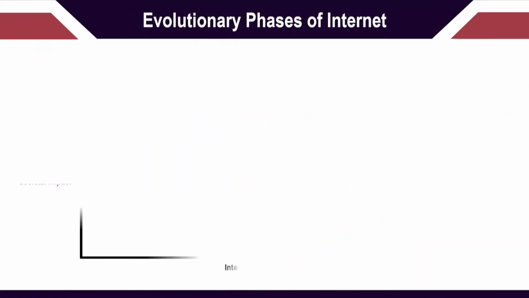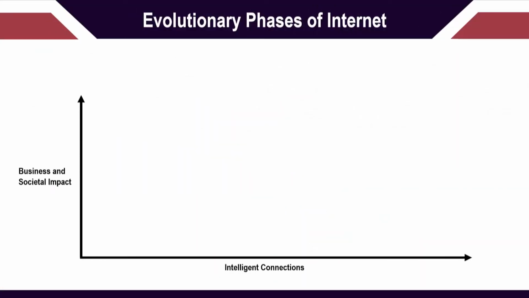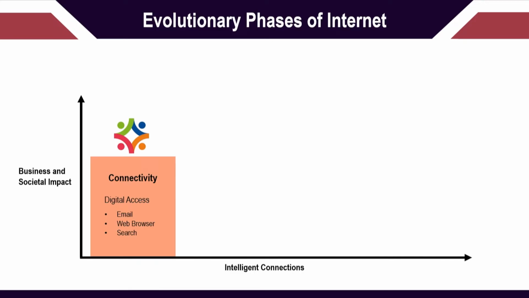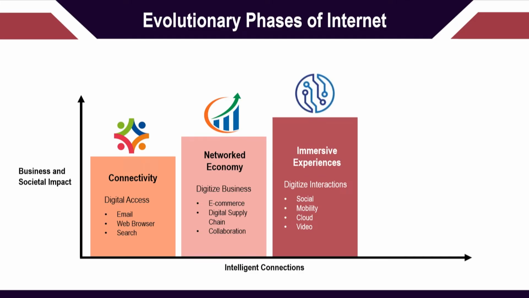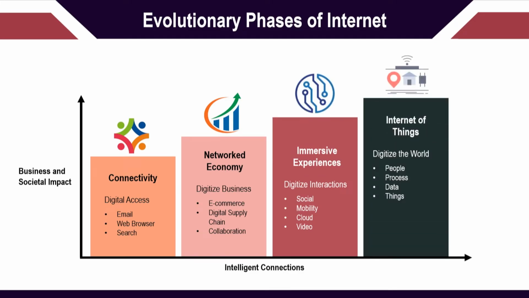Now, there are 4 evolutionary phases of Internet. The first phase is the connectivity phase, the second phase is the network economy phase, the third phase is the immersive experiences phase and the fourth phase is the Internet of Things that is going on nowadays. The connectivity phase enabled us to connect with people through email or web services and helped us to search for information from the web browser.